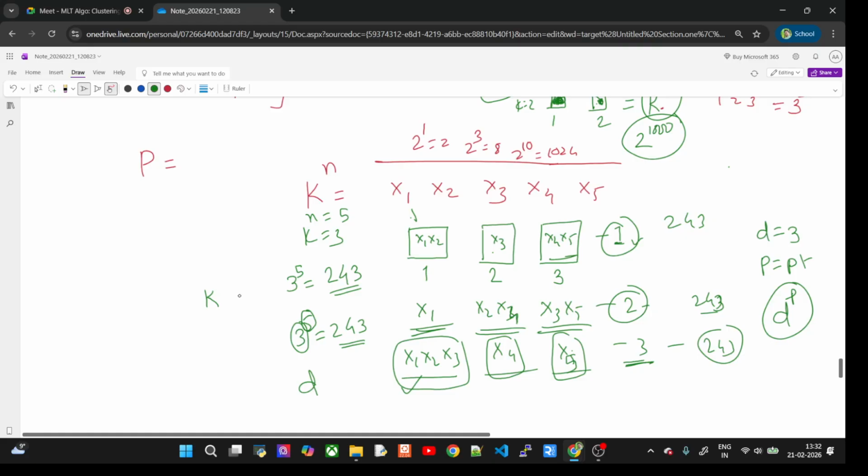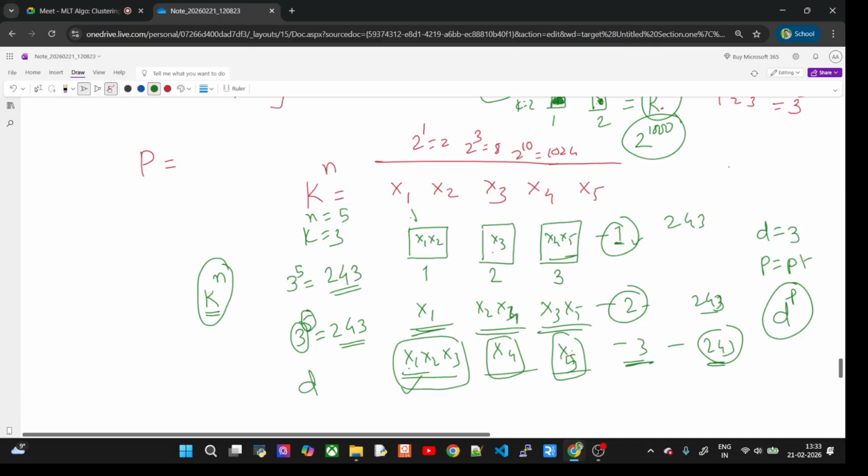Nomenclature wise, you should not mix these two formulas. You can understand it your own way, but k means cluster, raised to how many points you have, k raised to n. That many ways you can arrange these points.